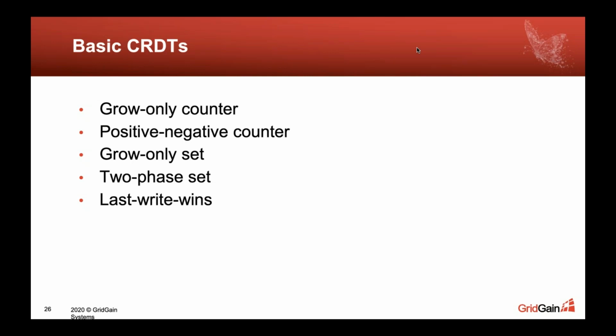And when you get a conflict, you choose a value with the latest timestamp. The caveat here is that you need to somehow synchronize clocks on both sides of the replication process. And it's really hard to do.